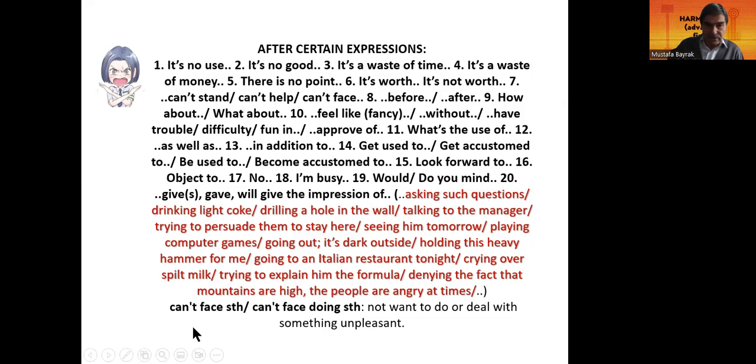Okay, and here's another extra one. Can't face something, can't face doing something means not want to do or deal with something unpleasant. Of course, we should face solving our mistakes, or we should face correcting our mistakes.